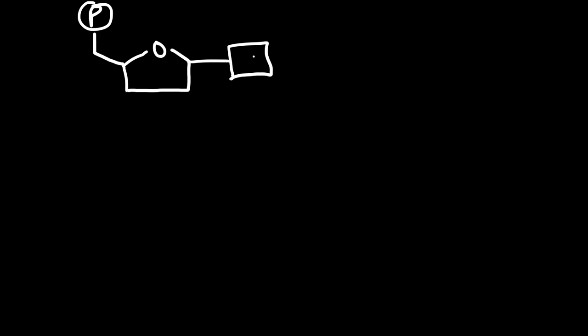So what I'm going to do at this point is draw a representation of a DNA strand. So here we have our sugar attached to a phosphate group, and then this is going to be attached to a nitrogenous base.